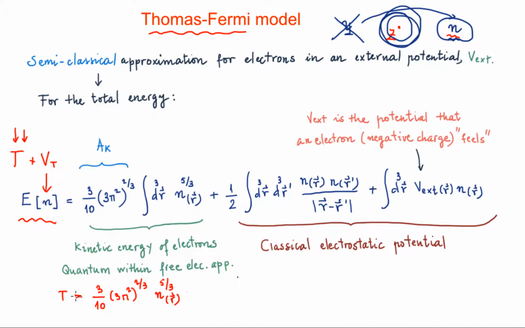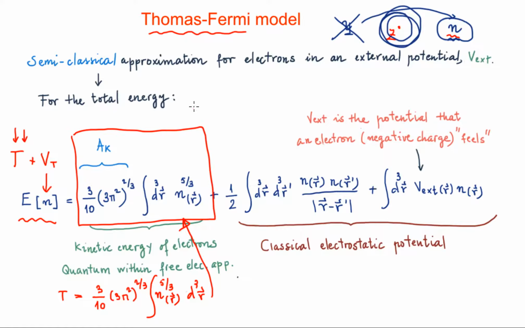And if we want the total kinetic energy, what we have to do is to integrate over the whole space. This is the expression we have here. So that's the expression of the functional of the kinetic energy in terms of the electronic density, considering the free electron gas approximation but including the spatial dependence of the electronic density.